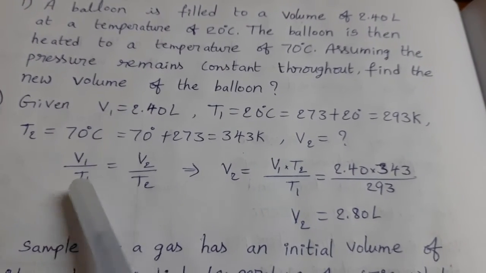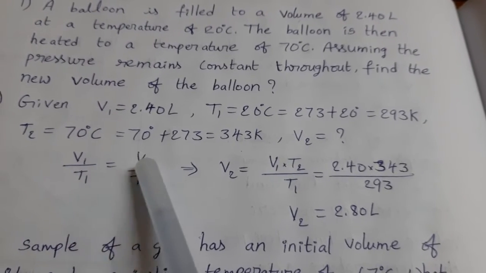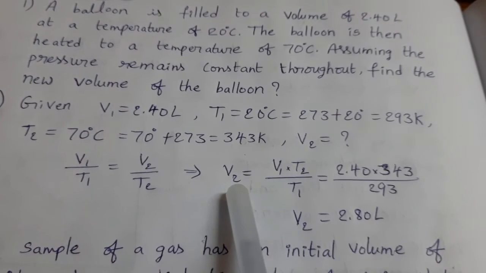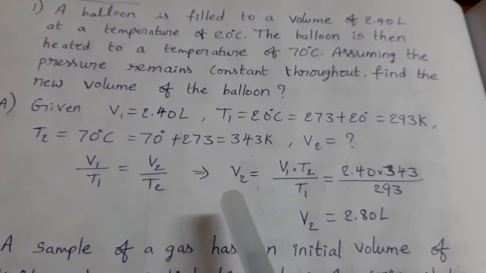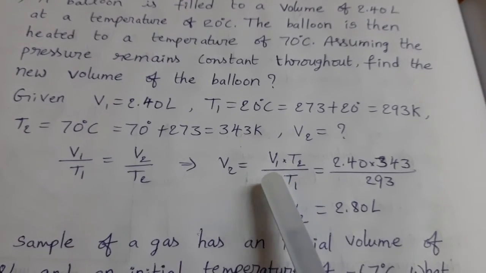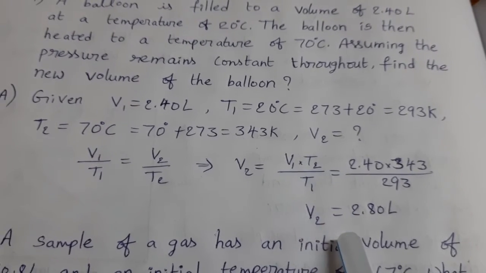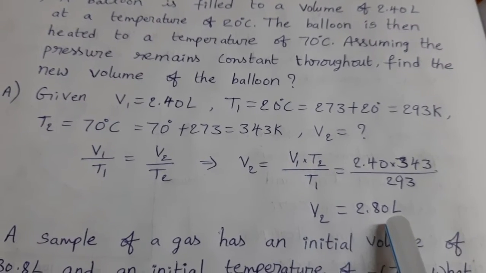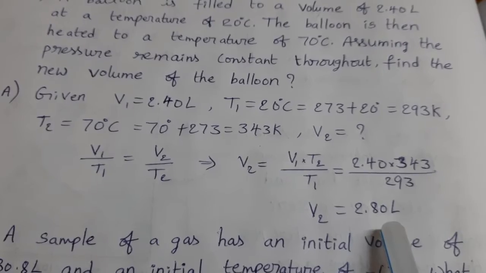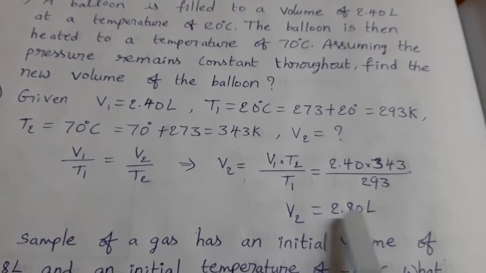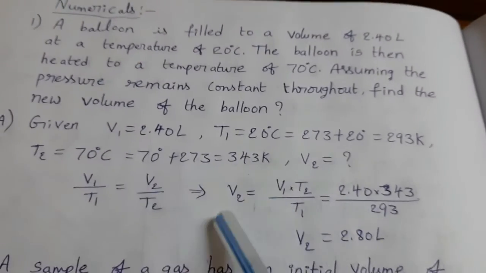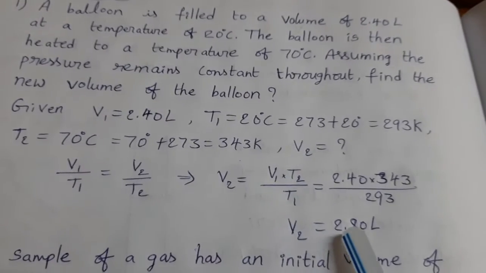So suitable formula V1 by T1 equal to V2 by T2. So V2 equal to V1 T2 divided by T1. Substitute the values. We can get final value 2.80 liters. Okay. See carefully for verification whether our answer is correct or wrong.